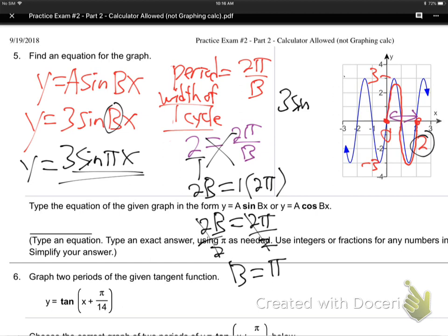Because we know the cycle is 2, we would just plug in the number 2 where B is. He's talking about the period formula. 2 pi over b is the period formula. So plug the 2 in as b, right here where b is.